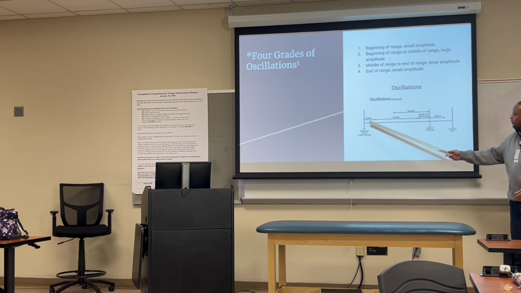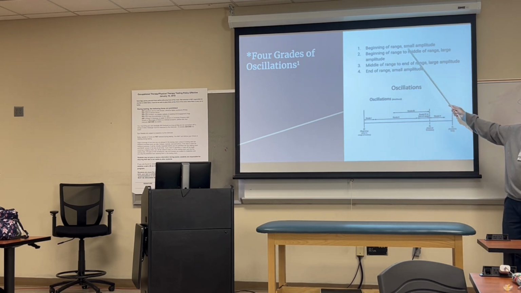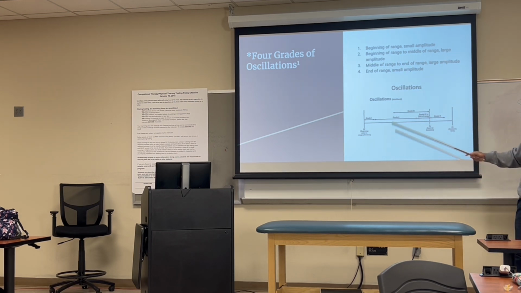So grade 1, considered beginning of range, a small amplitude. Some literature would say the first 25% of the range. All right. Then we got a grade 2. Look at how long this line is for grade 2. So what does that mean? Large amplitude. So it's beginning of the range to the middle of the range, picking up from a grade 1 to the middle of the range, with a large amplitude.